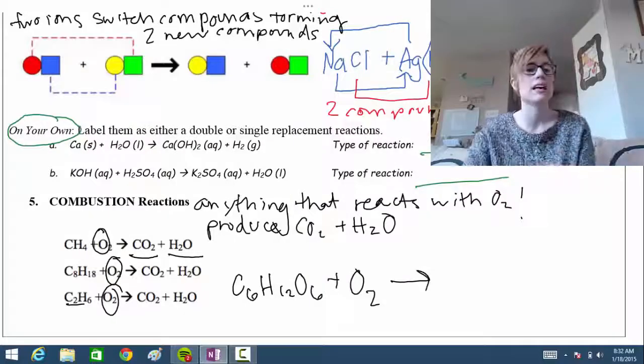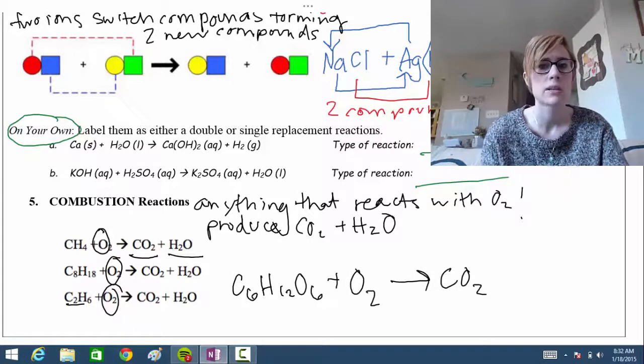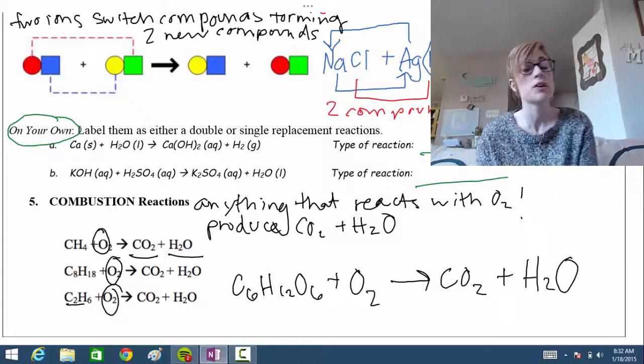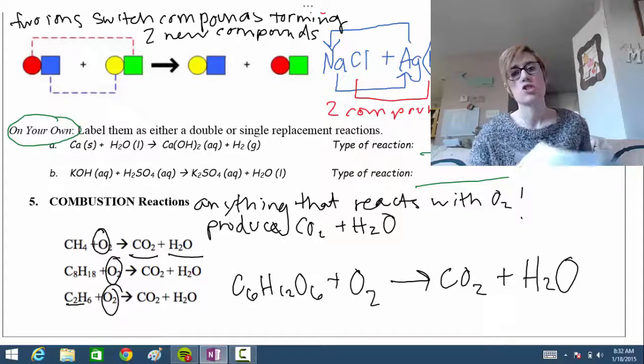So anytime you light anything on fire, for example, when I light sugar on fire, you will see gas produced. That's always carbon dioxide gas. And then there'll actually be water vapor and sometimes liquid water that's produced as a product. So that's combustion reactions for you.